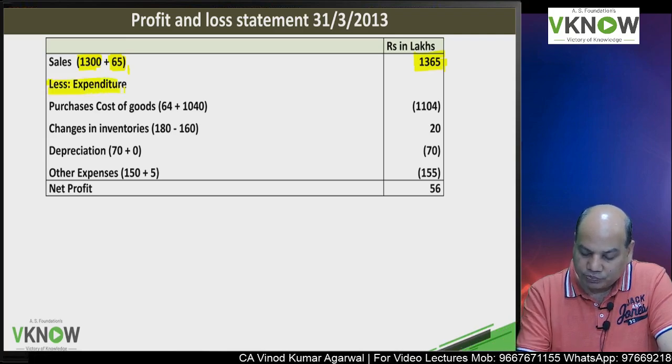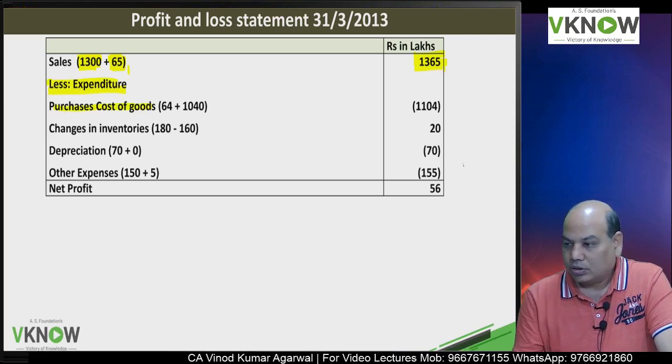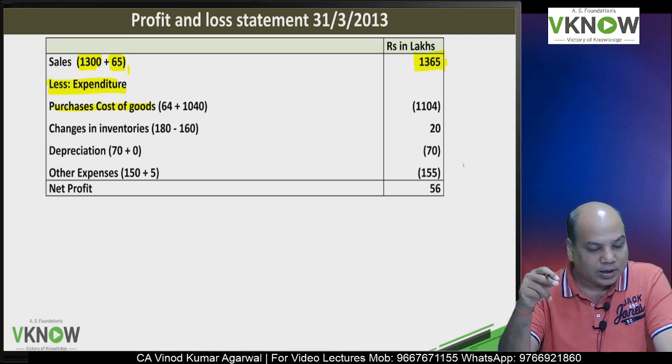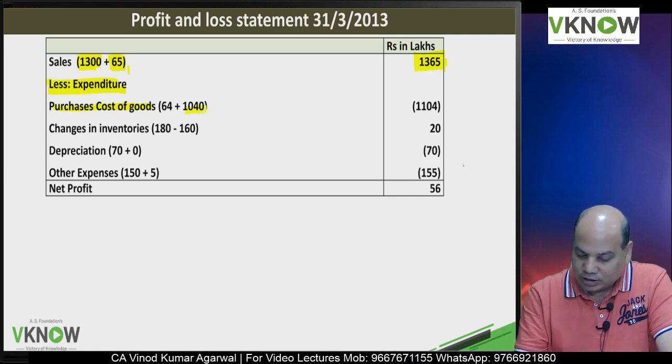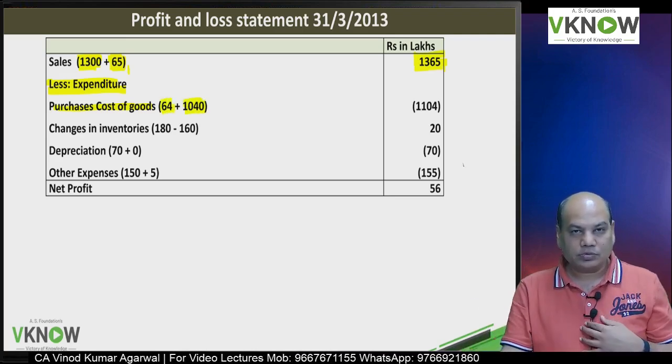Now write down below, less expenditure. Under that, purchase cost of goods. If you look at the trial balance debit side, second line we have 1040, and 64 is the share in purchase of joint venture.